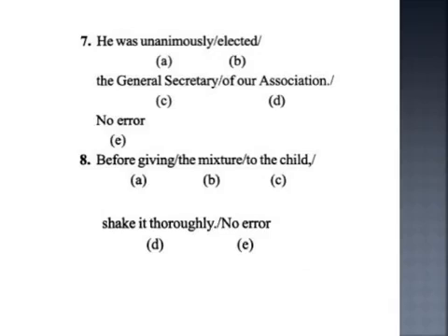He was unanimously, A, elected, B, the General Secretary, C, of our association, D, no error, E. Question number 8. Before giving, A, the mixture, B, to the child, C, shake it thoroughly, D, no error, E.